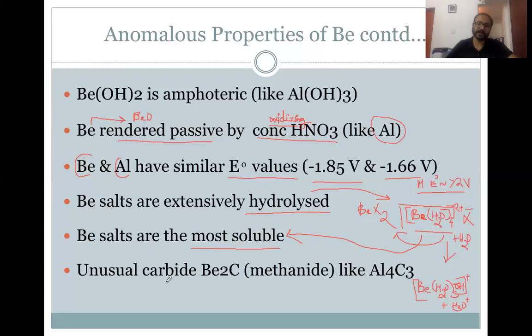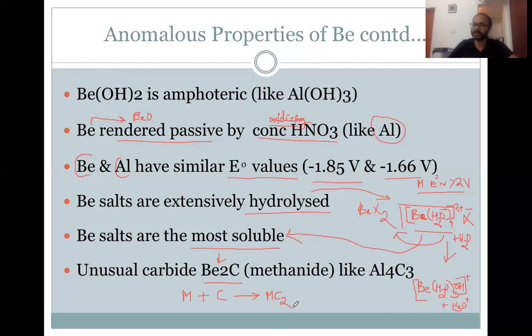Apart from that, another thing that is important to note is that in group 1 only lithium forms a carbide. However, beryllium compounds also form carbides. But here, instead of the usual carbide, what is formed is Be2C. What you expect is that when a group 2 metal reacts with carbon, it should form a carbide of the type MC2.